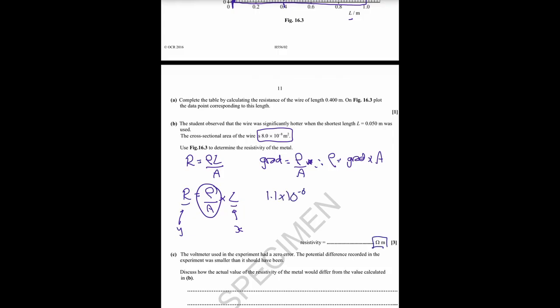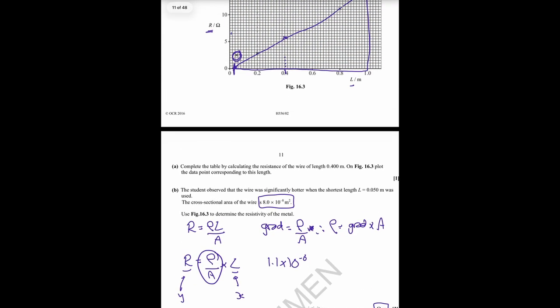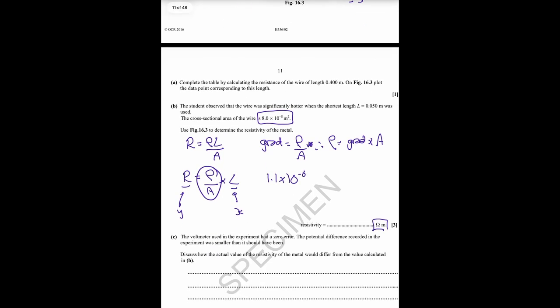I've checked the units and that's fine, so I don't need to do any conversions. There were no conversions on the axes because that's in meters, that's in ohms. So I've checked all of the standard tricks, and yeah, 1.1 times 10 to the minus 6, and they said plus or minus 0.1. So if you've got 1 or 1.2, any of those is fine as well.